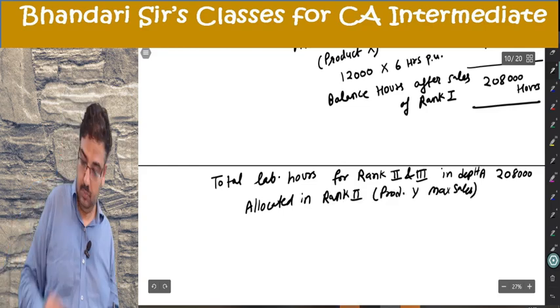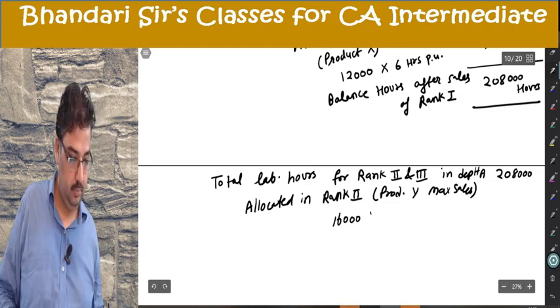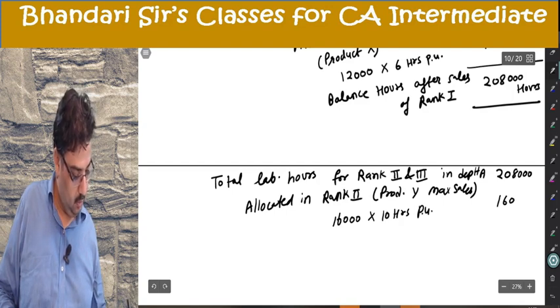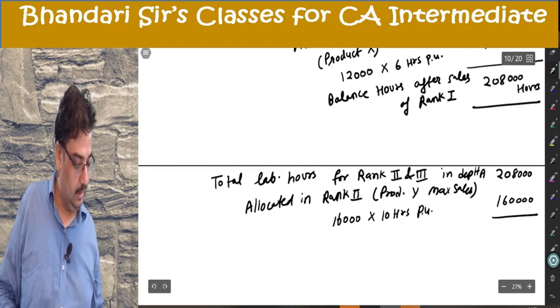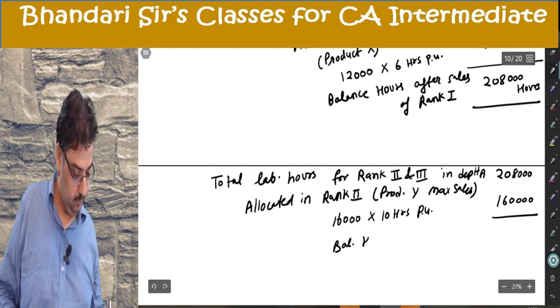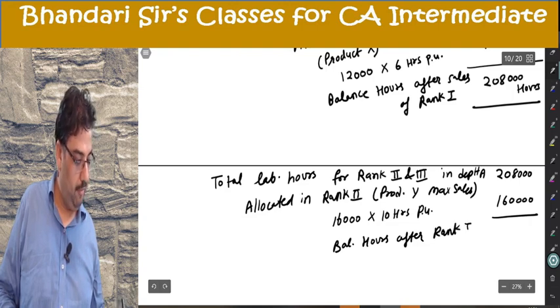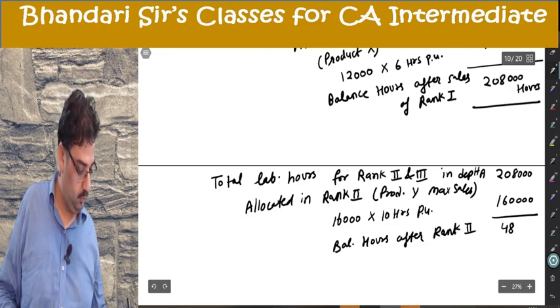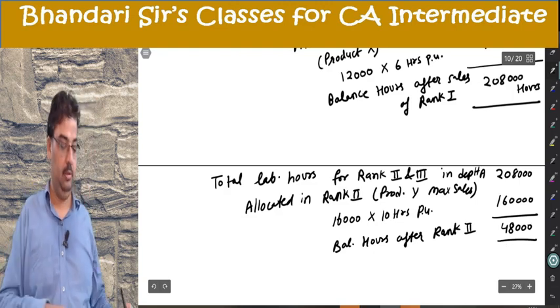For Y maximum units are 16,000 multiplied by 10 hours per unit: 1,60,000. Balance hours after rank 2: 48,000.